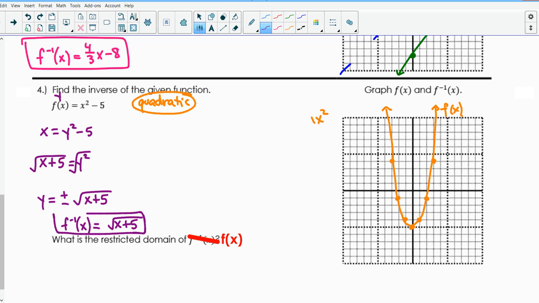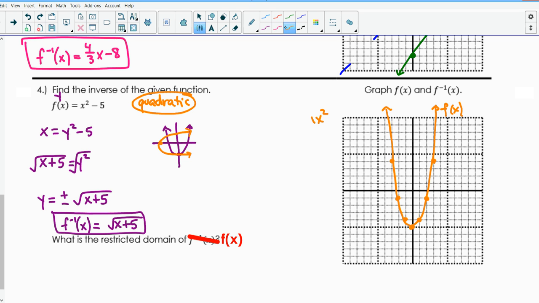Okay, here's why I only want one of them. When I want an inverse function, I need to make sure that it's actually a function. So, watch what happens. If my original function looks like this, and I take all of these coordinates and flip them, (0, -5) would move to (-5, 0), and then my U would go like this.